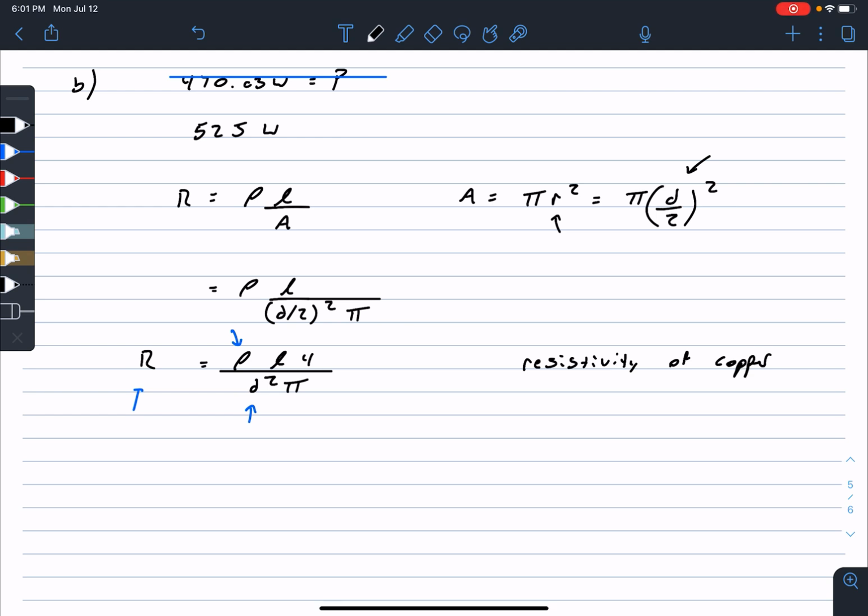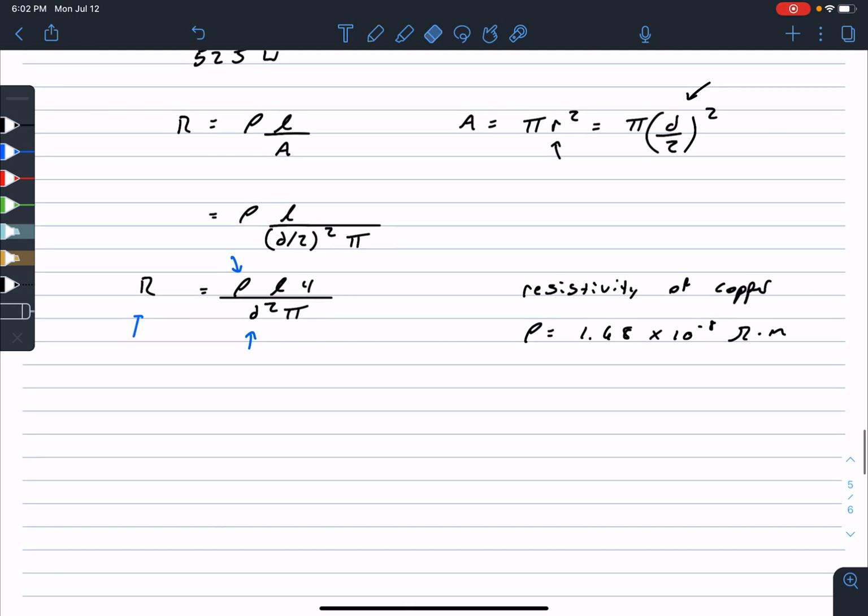It was something I could actually look up. I was stuck on this for quite a long time, and then I remembered that Google actually exists. So then we have 1.68 times 10 to the negative 8 ohm meters is the resistivity of copper. So we can just plug that right in. So now we only have 2 unknowns.